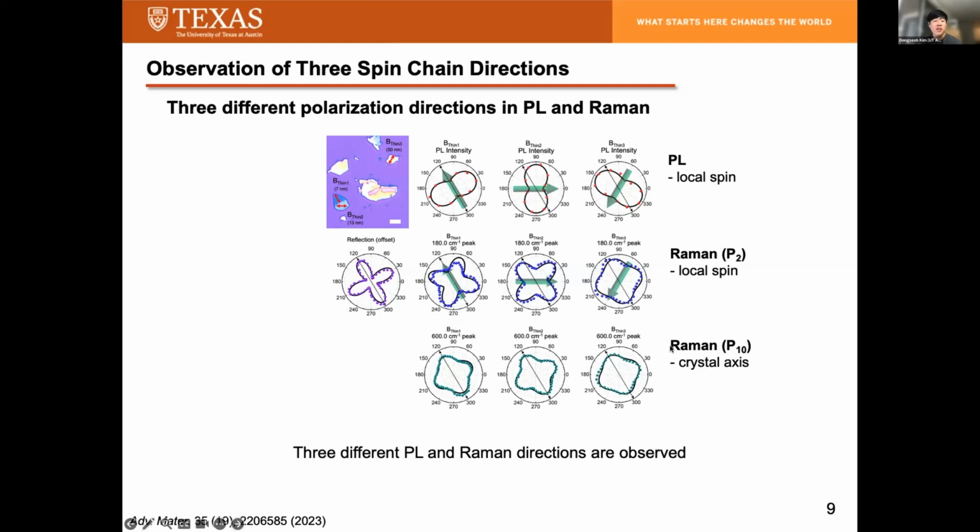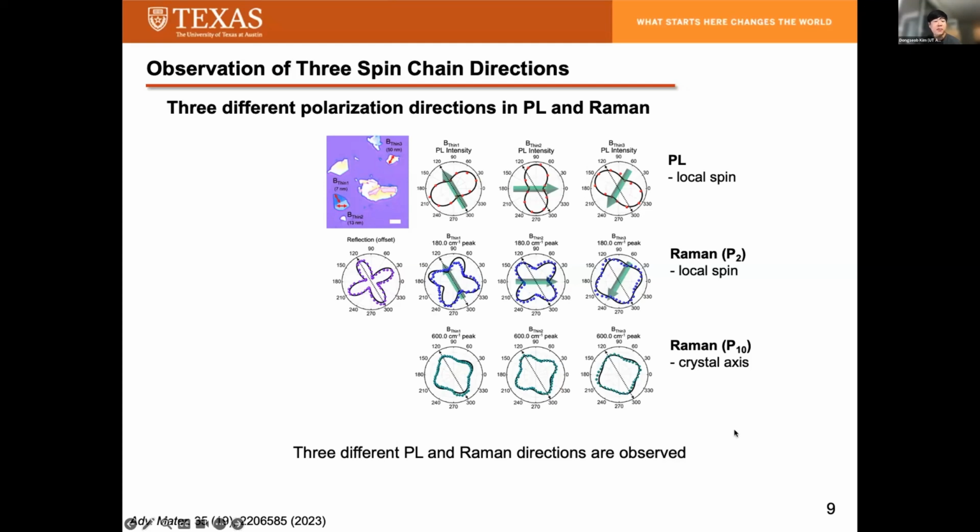To remove the ambiguity of a possible crystal A-axis rotation, we also refer to one of the Raman modes, which shows the crystal axis but doesn't have any spin information. And here you can see the 3 flakes actually show the same crystal axis.